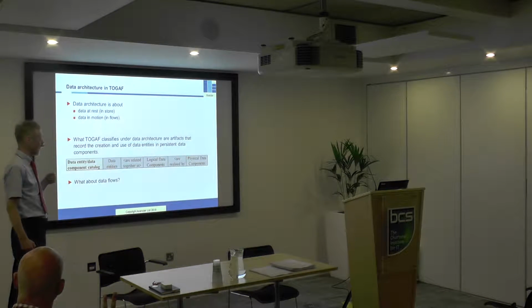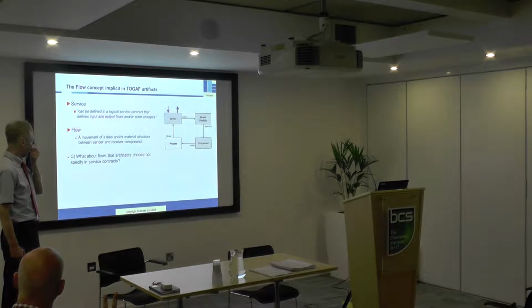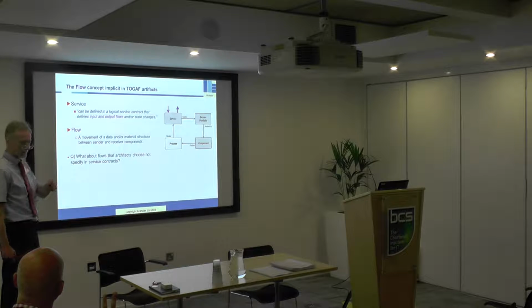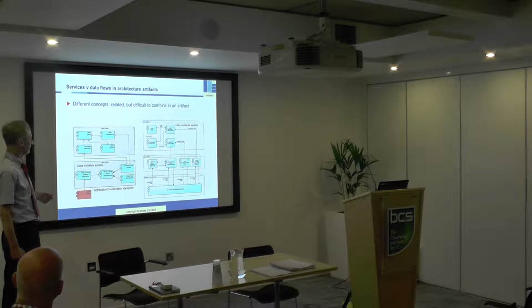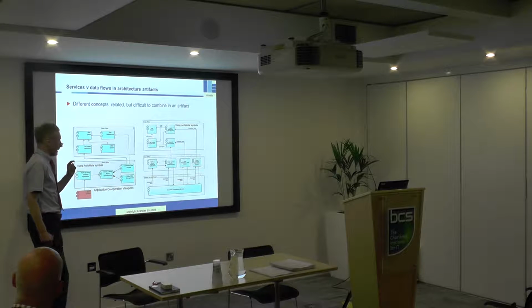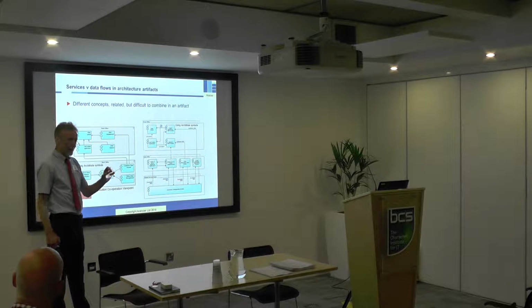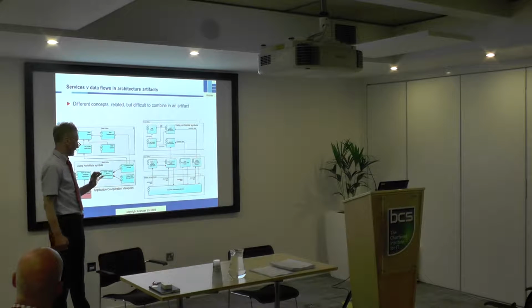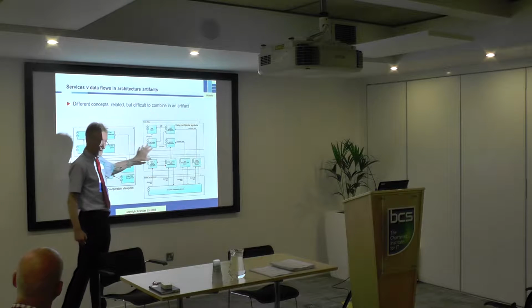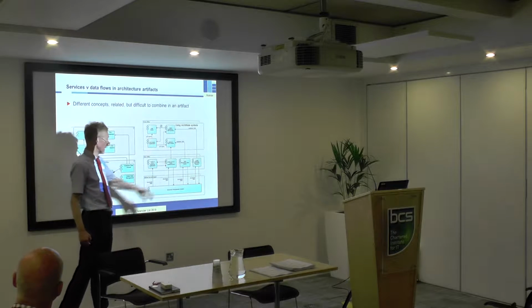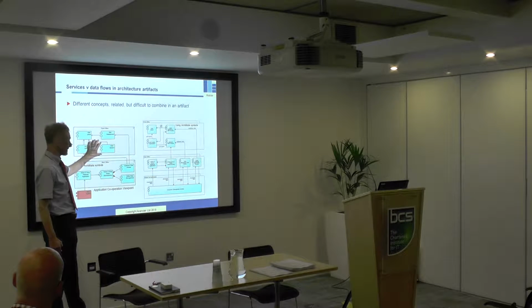Data architecture in TOGAF. I think I'll skip this. I'll put something in the paper on that. The trouble is that all of these frameworks that are attempting to please everybody end up with multiple ways of doing things. And I'll just point out one thing here. We could draw diagrams like the data flow diagram that Sachin had, or we could use serves arrows to indicate where services are offered.